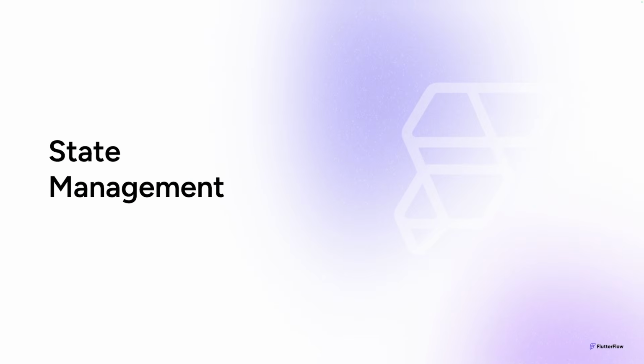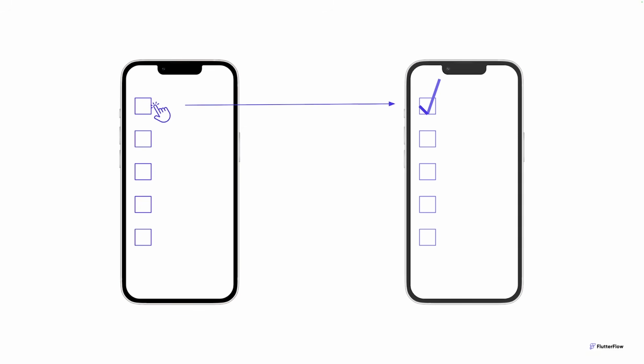State refers to the data determining what is displayed on the user interface. When the state changes, the UI updates to reflect these changes. This ensures that your app responds smoothly to user actions and data updates, providing an engaging experience. A typical application has two types of state: local state and app state.